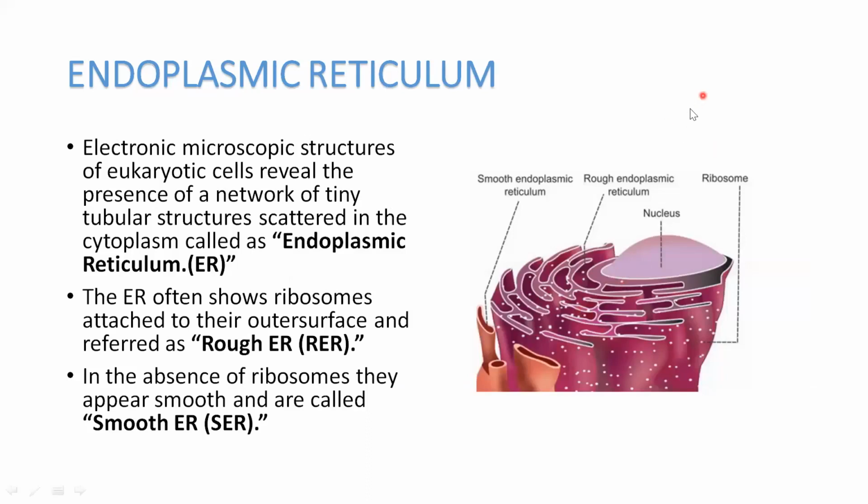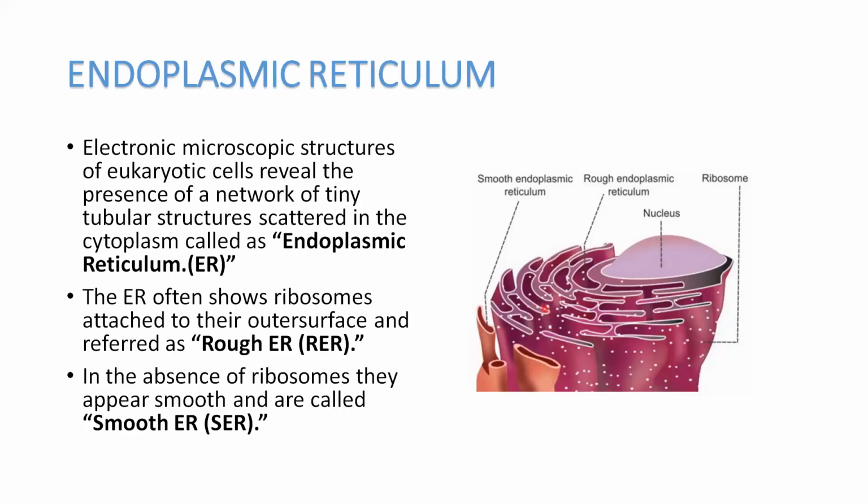If you look here, this central part is the nucleus, so this is the nuclear membrane. All this membrane structure is in continuation with the nuclear membrane. Based on this observation, we define it as the network of membranes which is continuous with the nuclear membrane. That is called the endoplasmic reticulum.